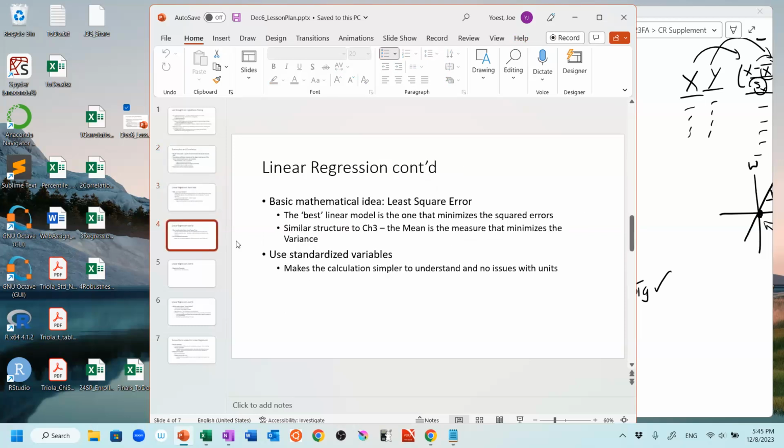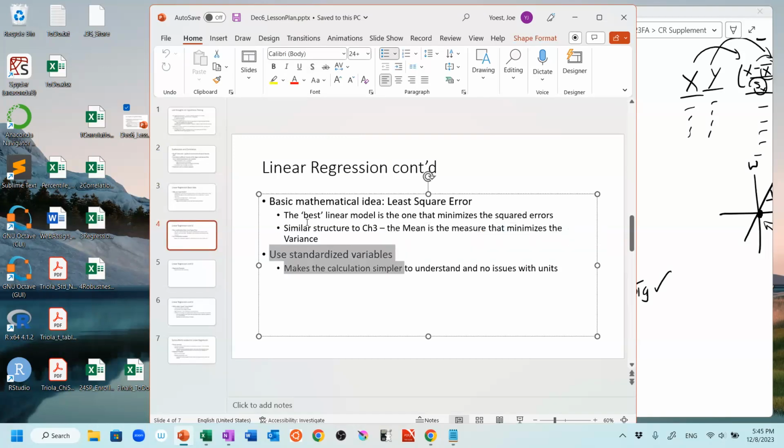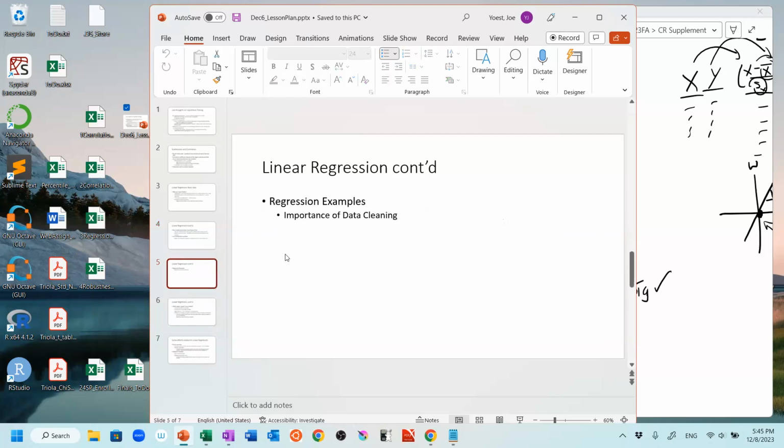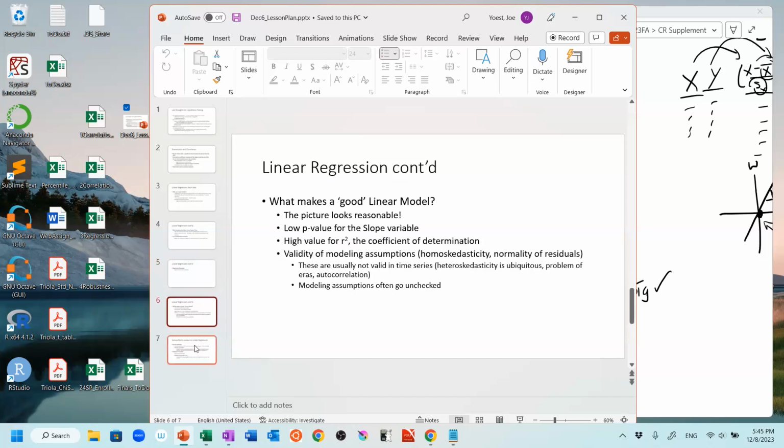We talked about that. I also talked about how using standardized variables can make the calculation simpler and a little easier to understand. It also gets rid of units, which is another plus, but that's of secondary importance.